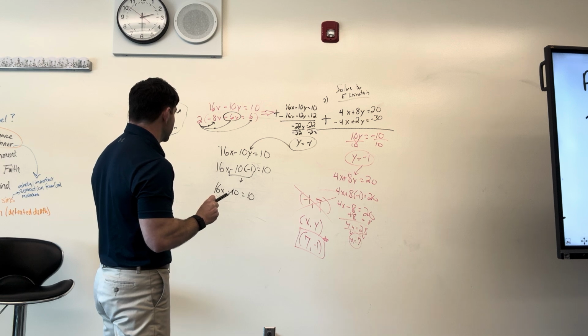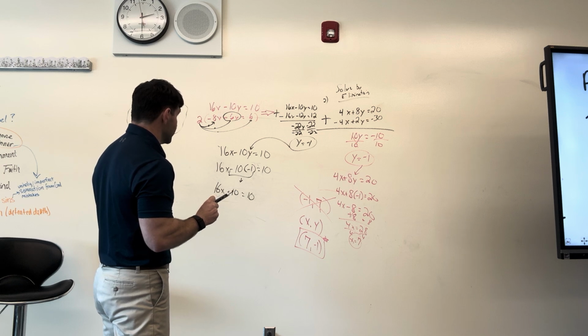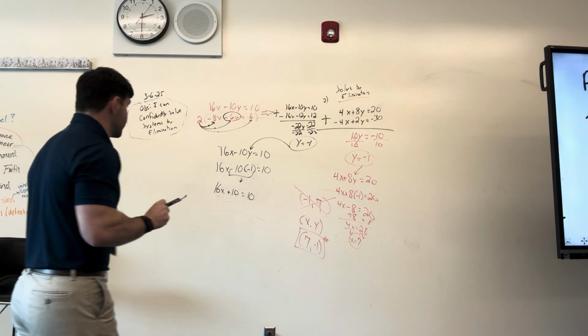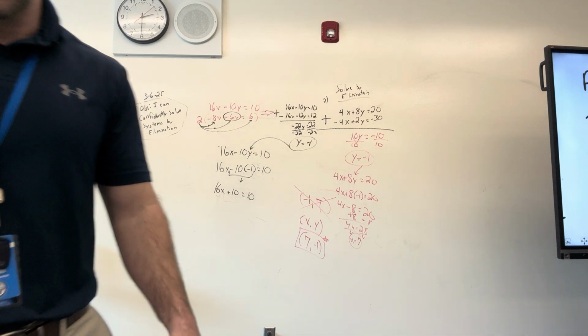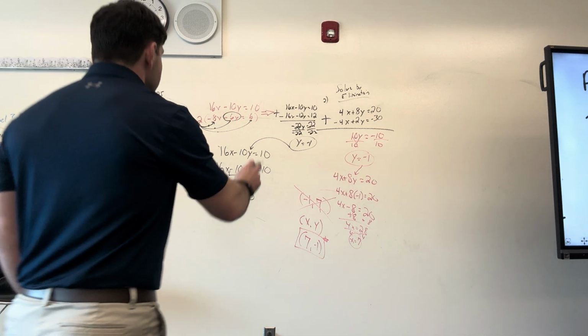Y equals negative 1. I'm so confused. What have I messed up here, guys? It looks pretty good. Somebody help me. 16x minus 10y equals 10, negative x minus 6y equals 6. I have no idea why I'm missing this.